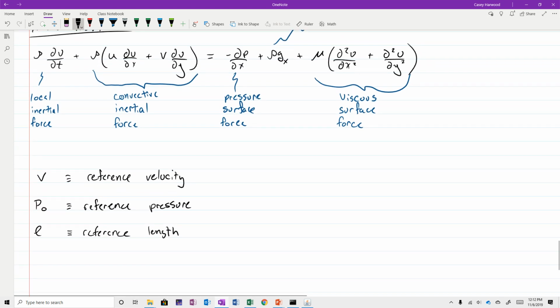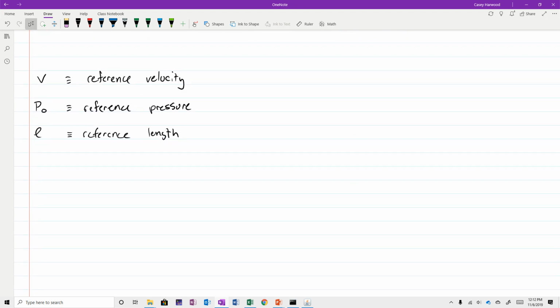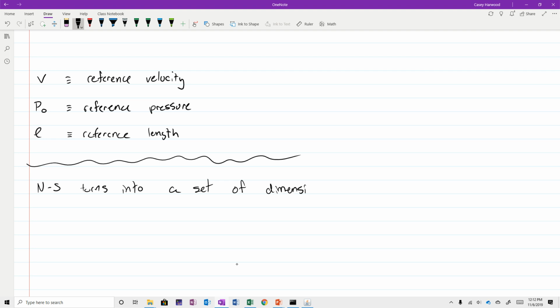But what we see then is that using these reference variables to non-dimensionalize the Navier-Stokes equations, we get a set of dimensionless pi terms: the Reynolds number, which is rho V L over viscosity.